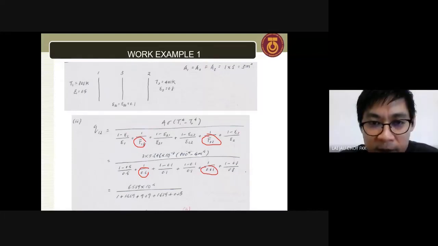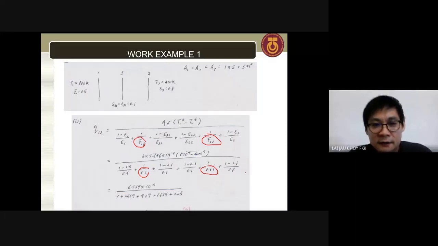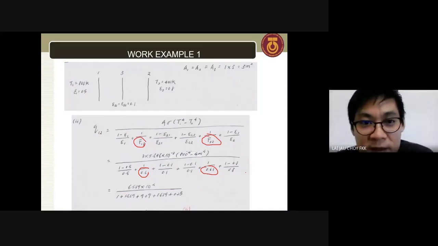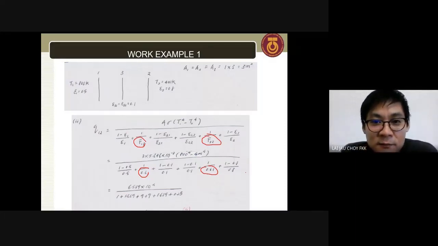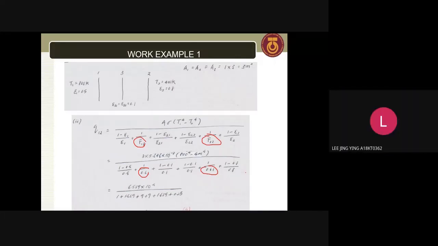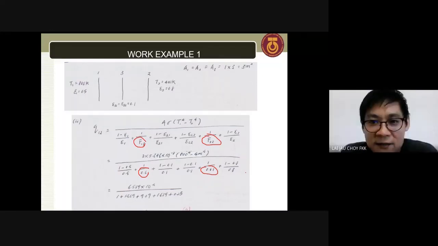Did I mention in the question what is the distance between plate 1 and plate 2? You mentioned the distance between plate 1 and 2, but after adding the aluminium sheet, the distance I didn't mention.